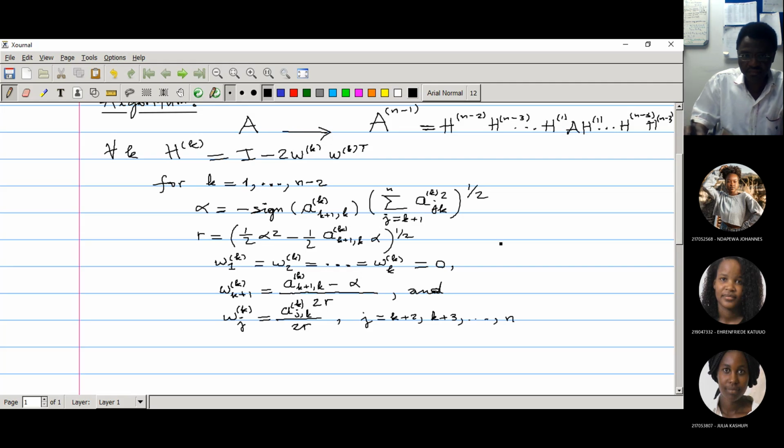So for a given k fixed, this W will be W_{k+1,k+1}, and then k+1 is different from k+2, k+3 up to n. You see that they're computed separately.